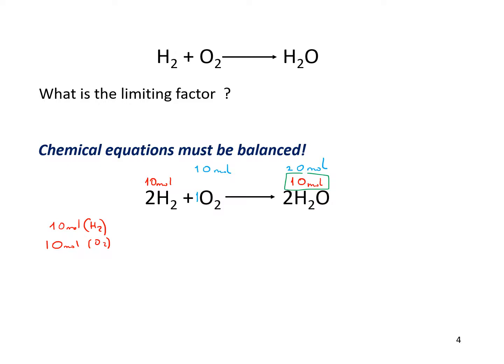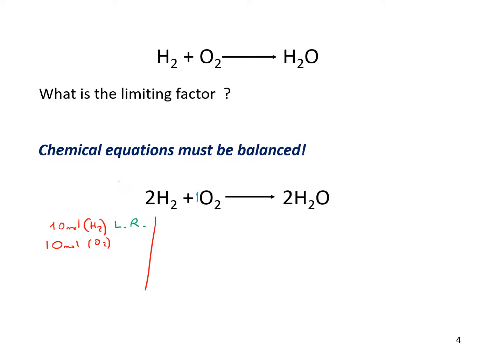So which one is the limiting reactant here? Remember, the limiting reactant is the one that gives you less product, the one that limits the process. So in this case, because the H2 gives you less H2O than the given amount of O2, the H2 is going to be the limiting reactant.